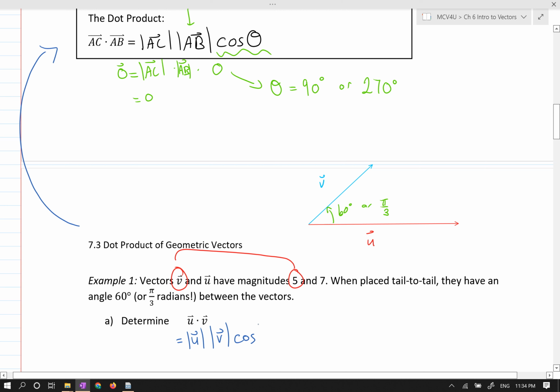So here I'm working with the cosine of 60 degrees, or the cosine of pi over 3.